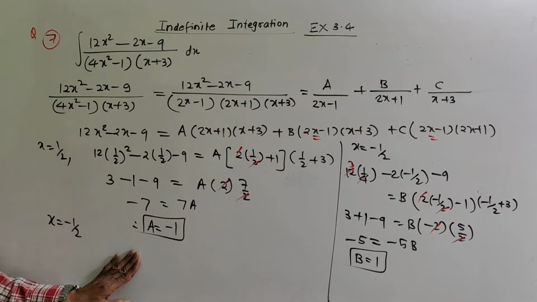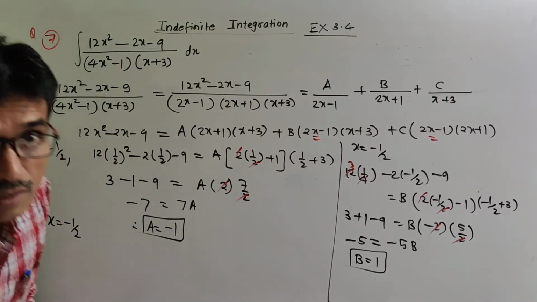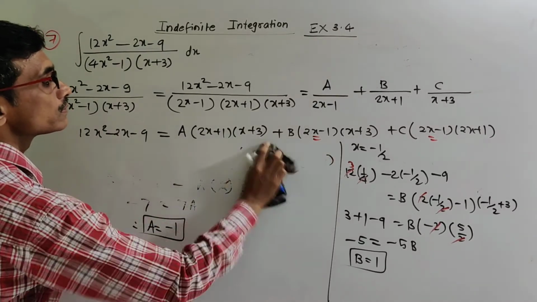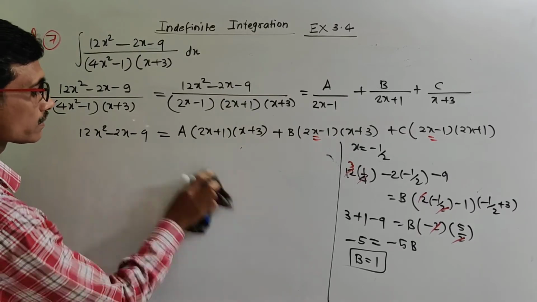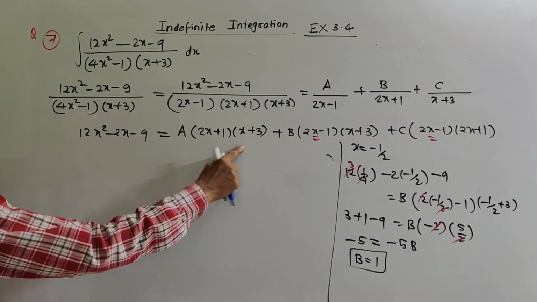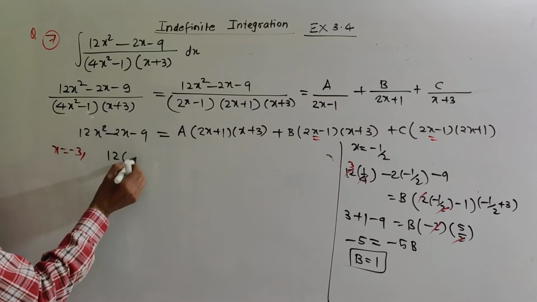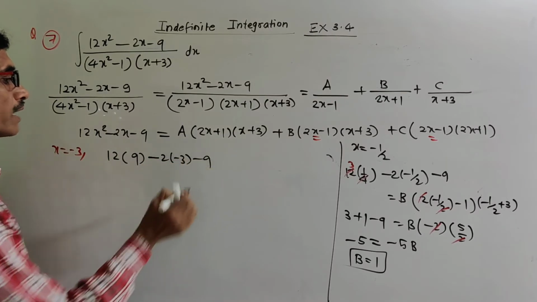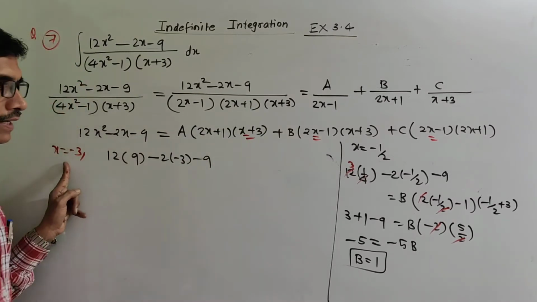Here a is equal to -1 you are getting, b is equal to 1 we are getting. Now we will try to find c. So here if we put x is equal to -3, put x is equal to -3 over here, 12 into -3 square that is 9, -2 into -3 -9, this will reduce to 0 because we put x is equal to -3.